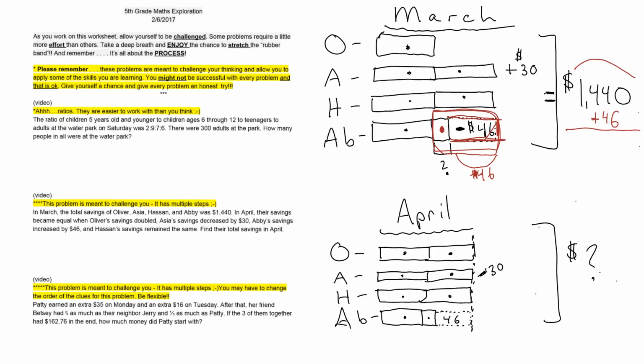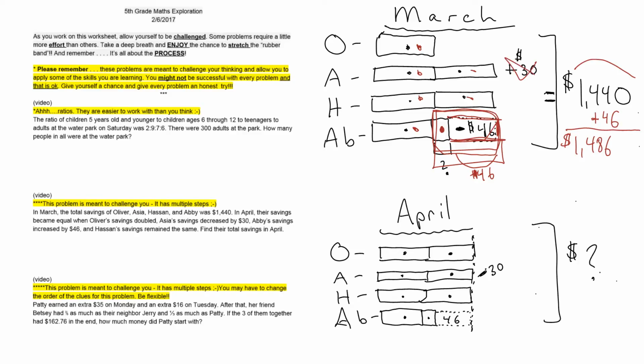So now I'm looking at $1,486. Now, this definitely looks much friendlier. Now I'm looking at a total of 1,486, and that's worth 1, 2, 3, 4, 5, 6, 7 units plus 30. Now this is like any old model drawing problem that we've solved previously. How do we figure out what 7 units plus 30 is worth?